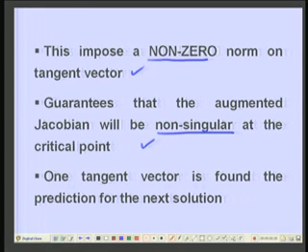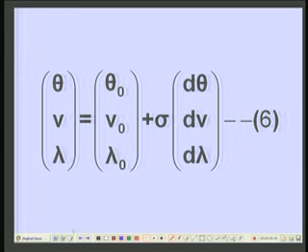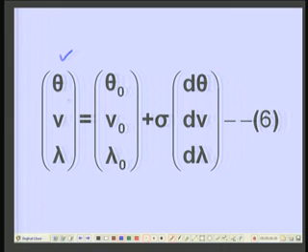Once the tangent vector is found, the prediction of the next solution is as follows. We first compute the tangent vector, which is d theta, dv and d lambda.